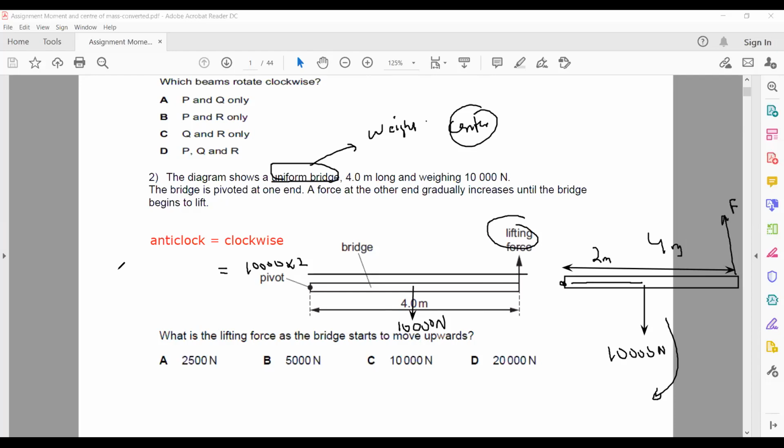So it will be force multiplied by distance. The force we don't know, and the distance is 4. So F into 4 is equal to 10,000 into 2. To find the force, it will be 10,000 multiplied by 2 divided by 4. When you solve this, it comes out to 5,000 Newton. So B is the right answer.